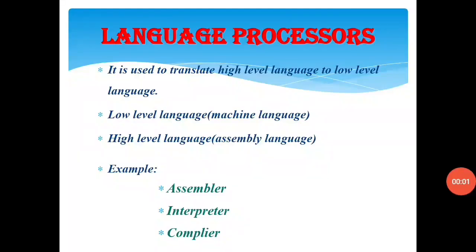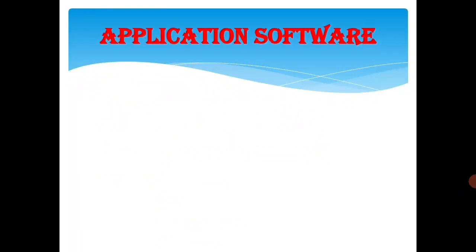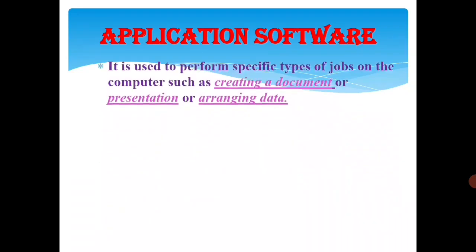Now let's see our next topic, application software. Already we know that software is divided into two, system software and application software. We saw system software. Now we go for the application software. It is used to perform specific types of jobs on the computer, such as creating a document or presentation or arranging data.